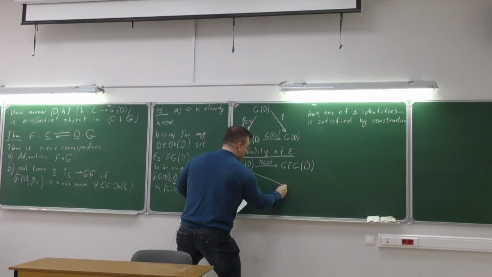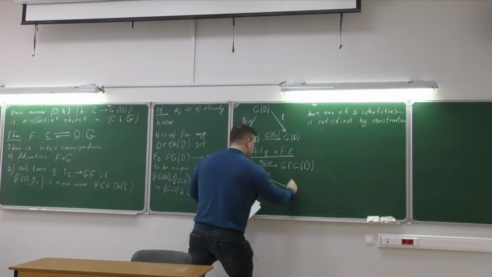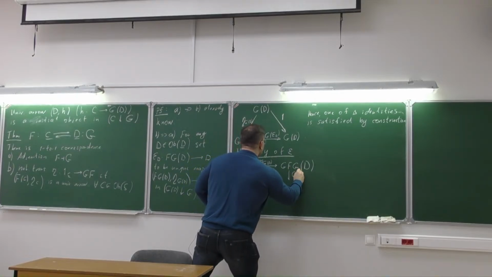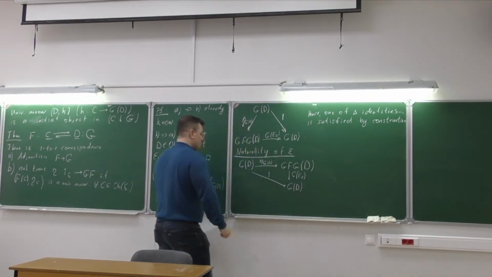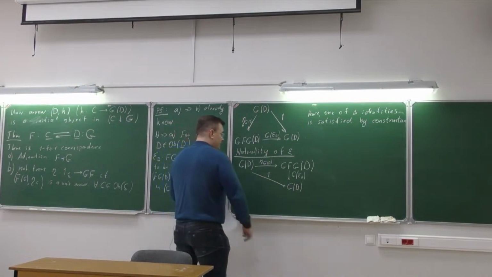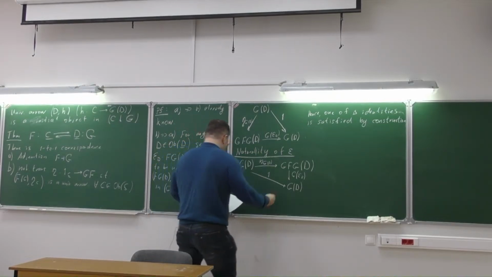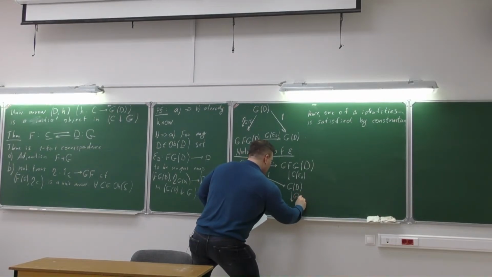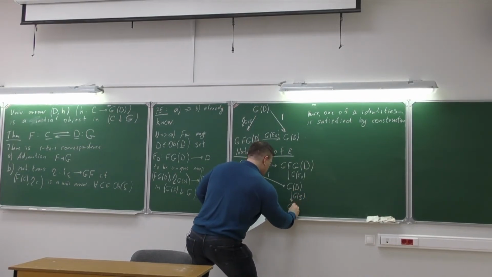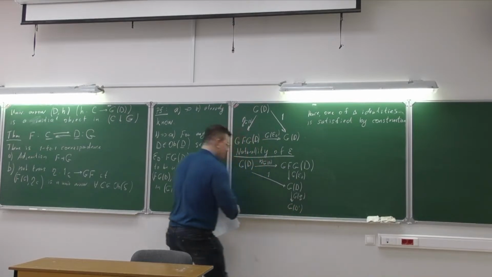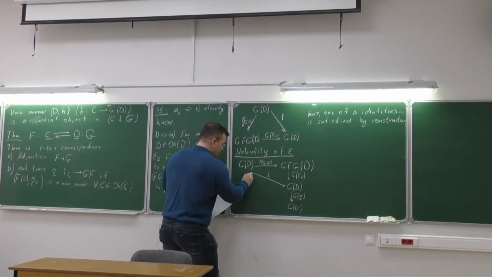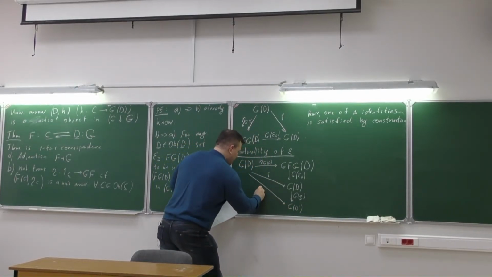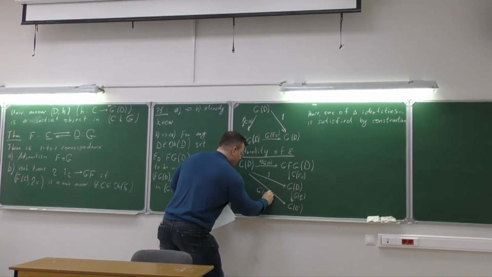So here we have identity, the same thing as at the moment. And then I'm going to add one more ingredient. This is G of Q, G of D prime, and here we have G of Q prime.